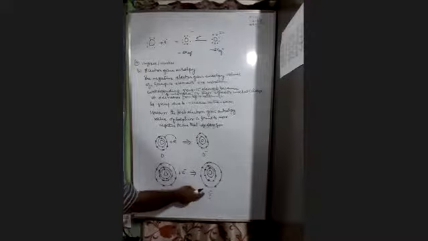Now this electron resists, so the stability of O minus is less than the oxygen. You see here, this is sulfur and this is S minus. In this case, the repulsion is very, very less, almost nil. So we find this is more stable, so this value is more.